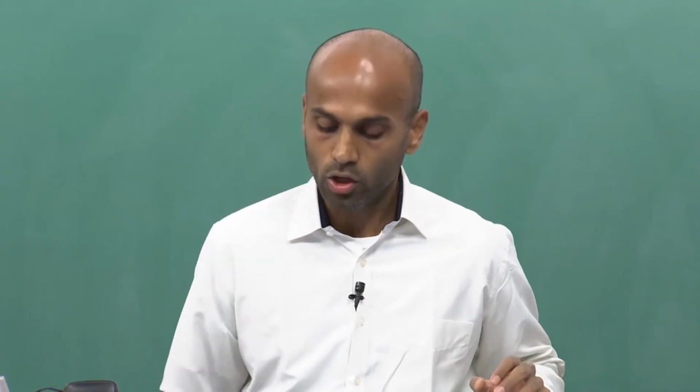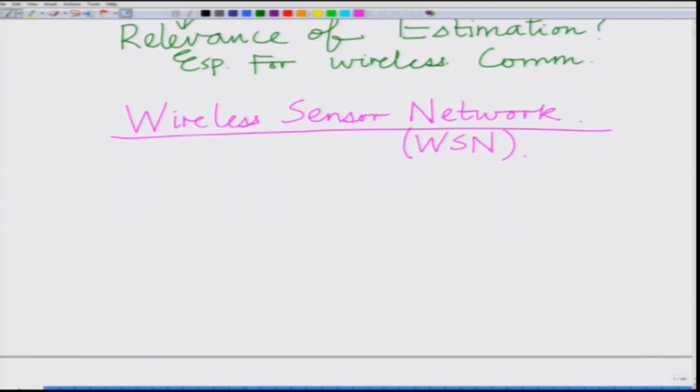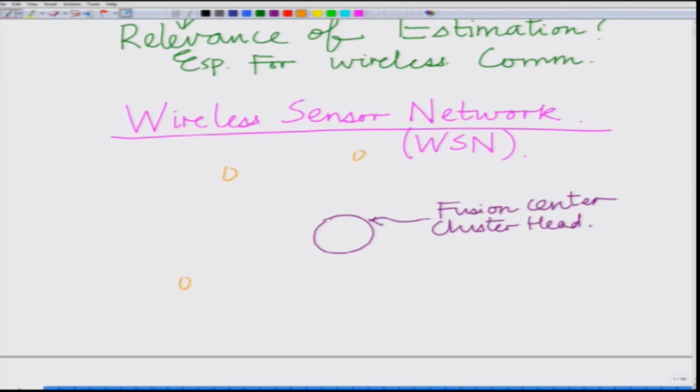In a wireless sensor network, we have a central node, which is also termed the fusion center or the cluster head. Other than this fusion center, we have several sensor nodes, which communicate over the wireless channel.